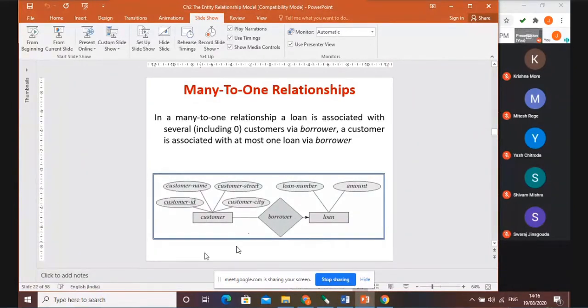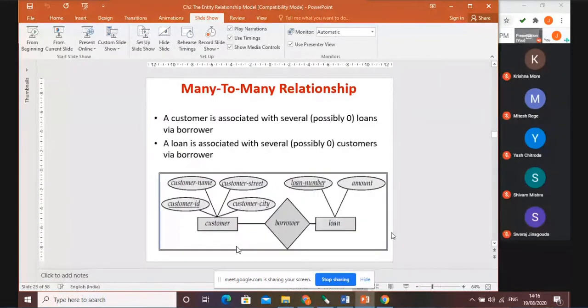So here you can have customers who can go for one loan only. So many-to-one: many customers can have one loan. So suppose I have ABC and I have PQR. Together they can have only one loan. Okay. Similarly, now many-to-many.